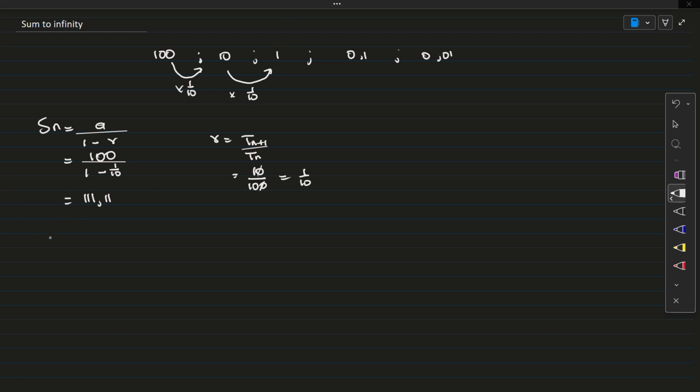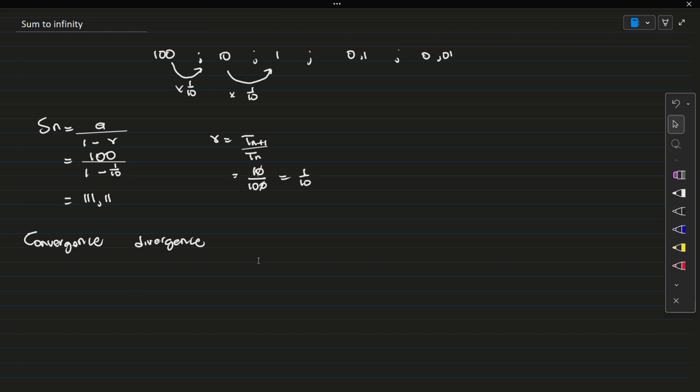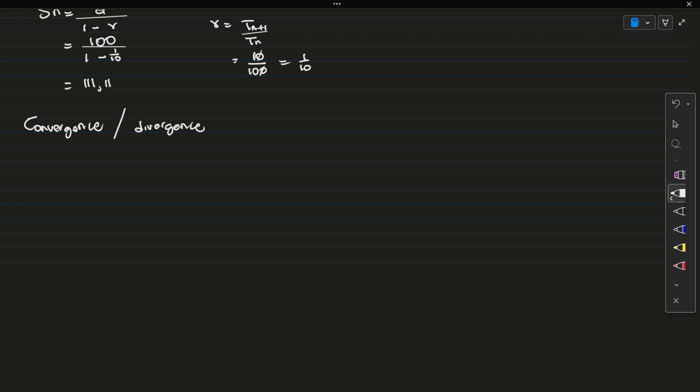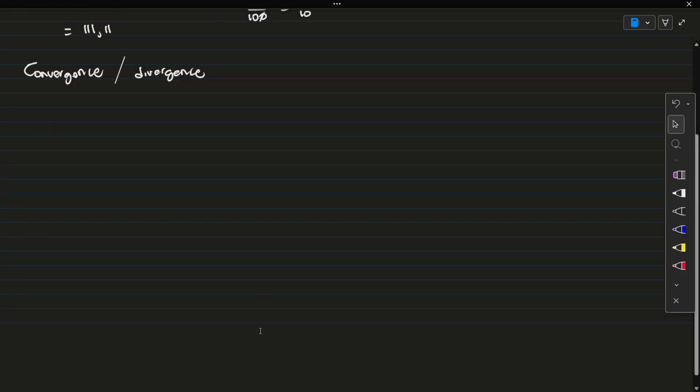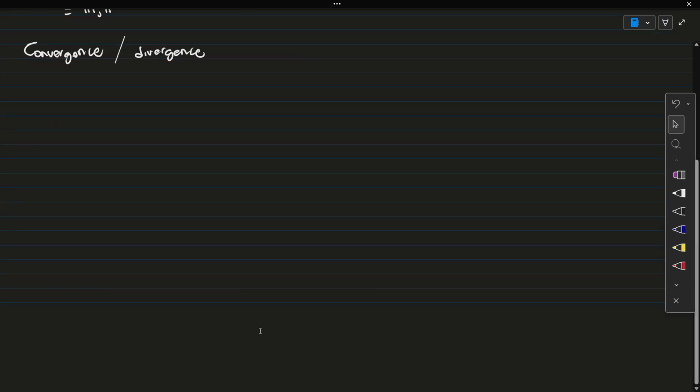Then we also have to talk about something called convergence and divergence. What do these two terms mean? Convergence means that there's a sum to infinity.